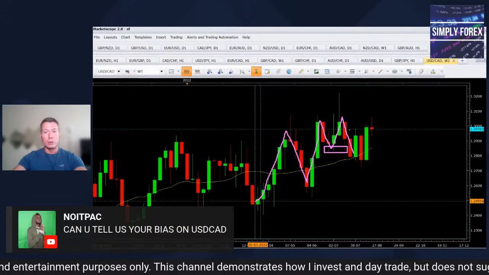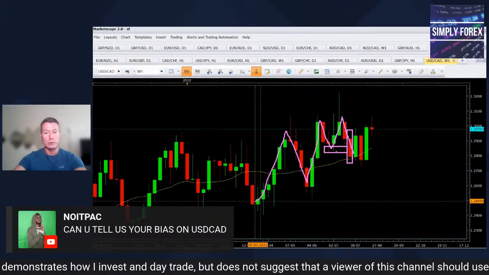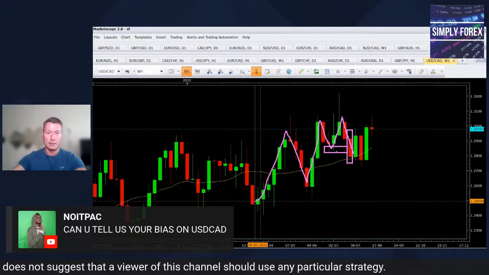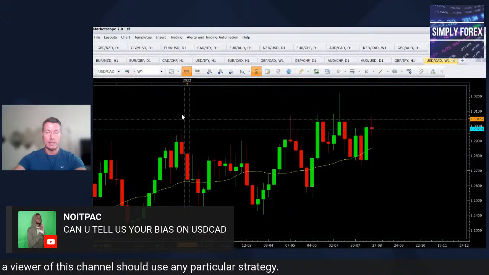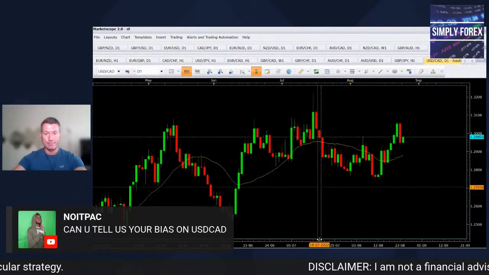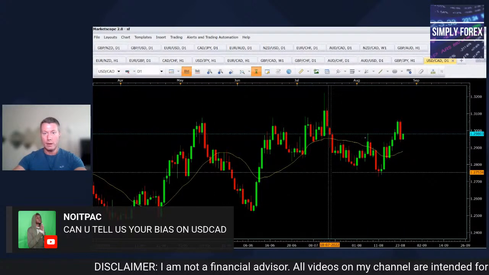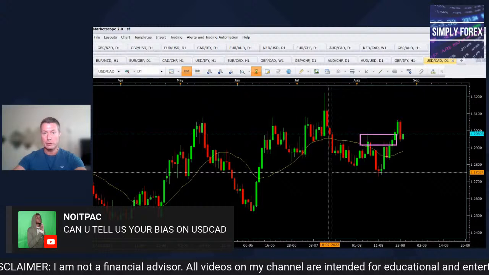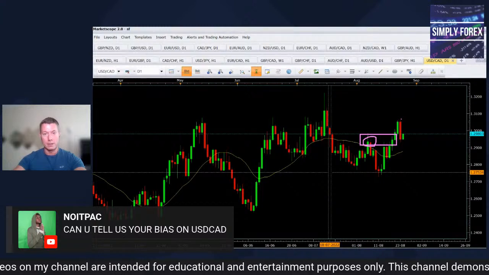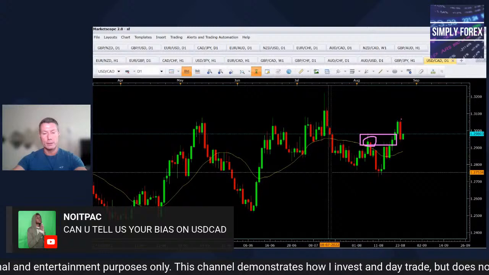When this candle formed, it broke these lows and we were in a downtrend on the weekly chart. But if we go back to the day chart, we are in an uptrend. As soon as this high here was broken, we had higher highs. So you've got mixed messages: a daily uptrend and a weekly downtrend.